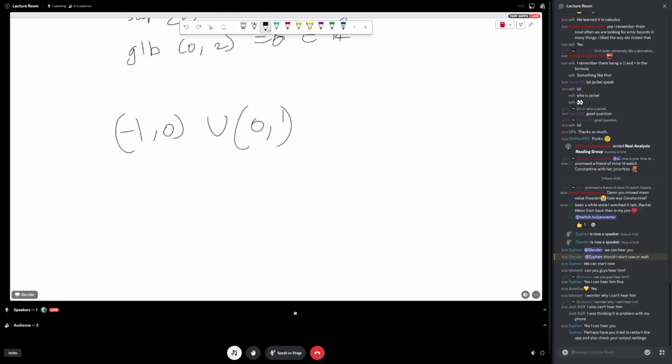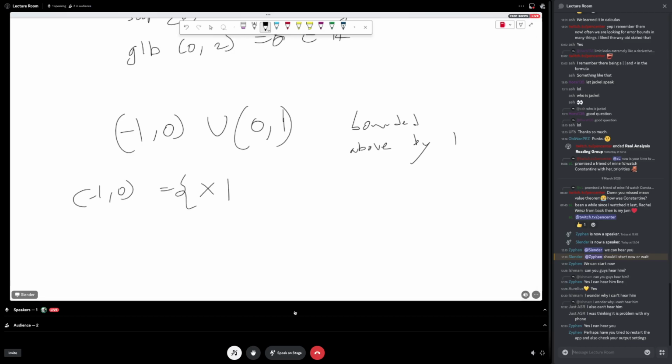So this set basically doesn't have a least upper bound because it's bounded above by one, but there's kind of a hole here.